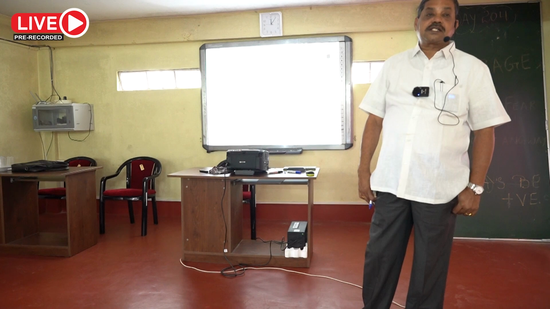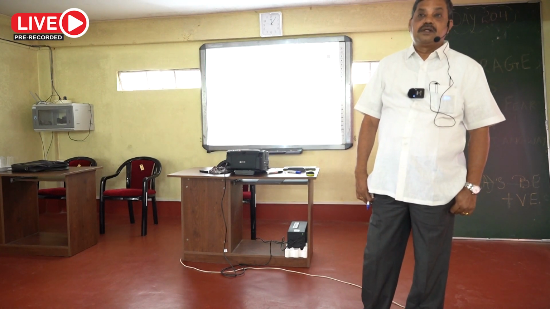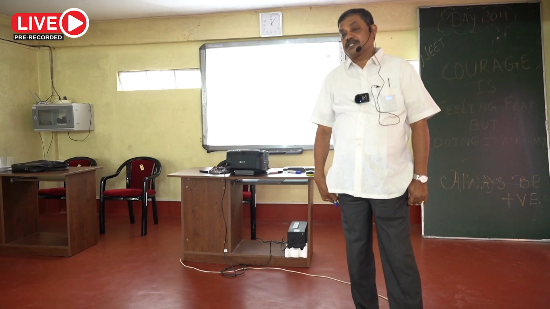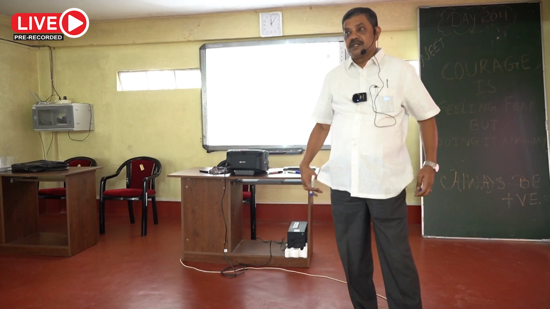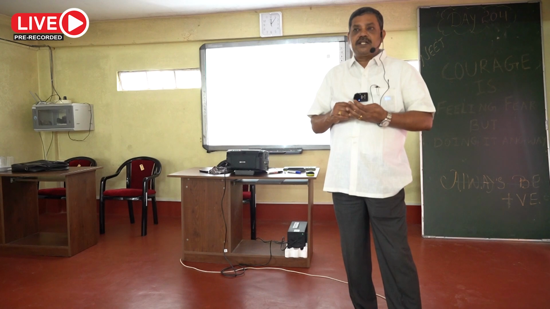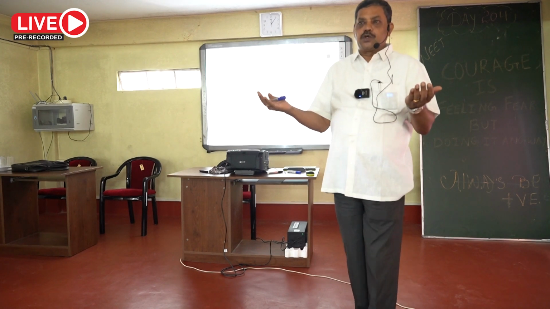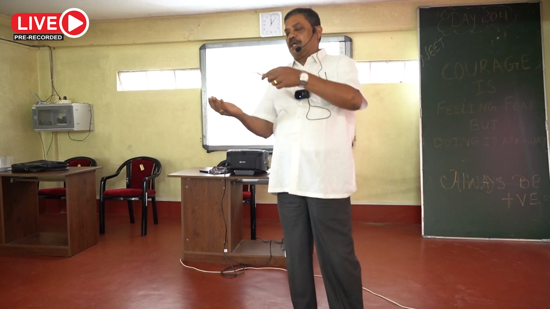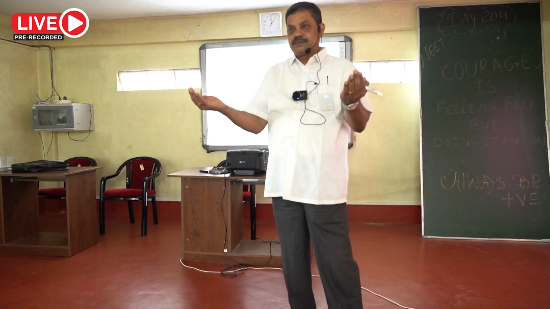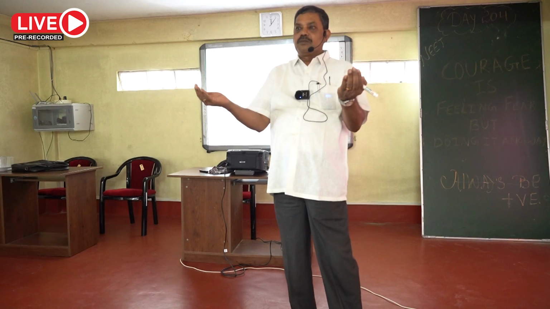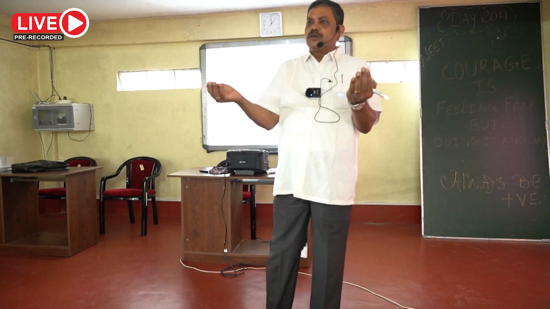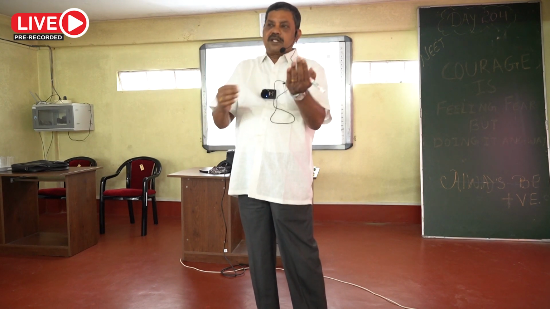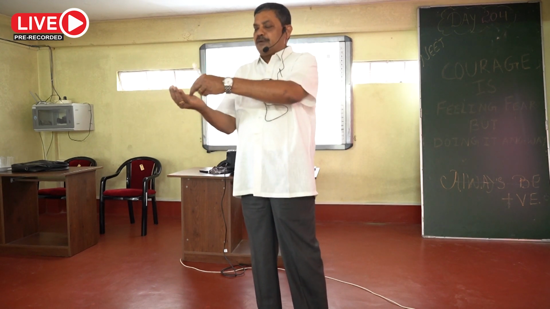Now, you may ask me, how do different liquids have different enthalpies of vaporization? Suppose I ask one student to keep their hands open. In one hand I pour water, in another hand I pour some petrol, 5 ml of water in this and 5 ml of petrol in this.